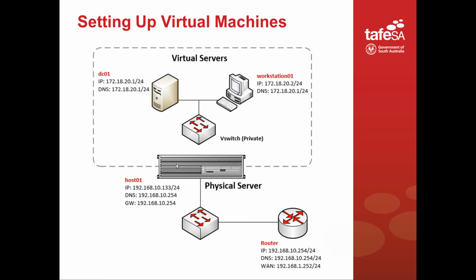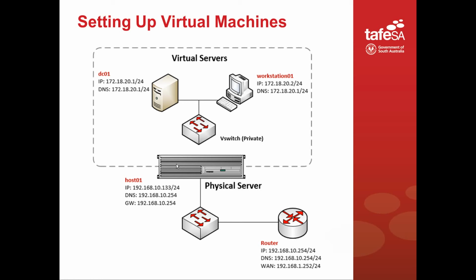In this demonstration today, I'm going to show you how you can start building your virtual environment from a network diagram. You should always do your planning first and then build your virtual environment from your diagrams. In this network diagram, I've connected the physical server, the host, to the physical network, which includes internet access.